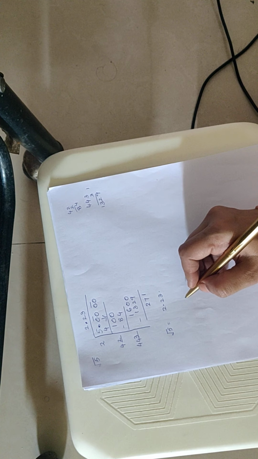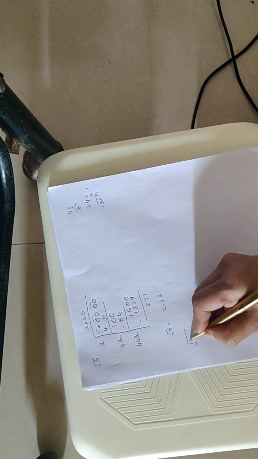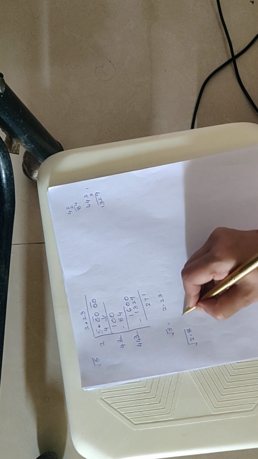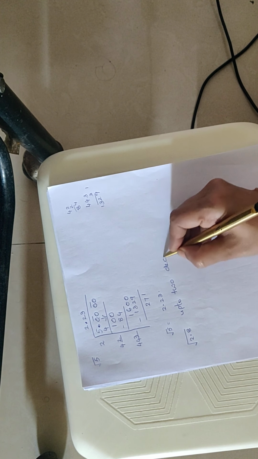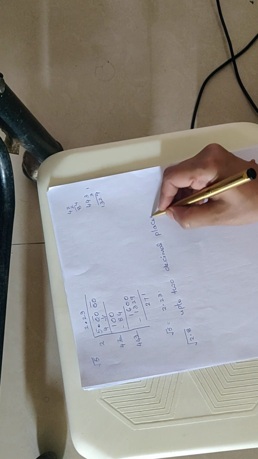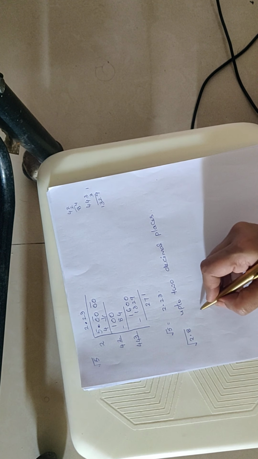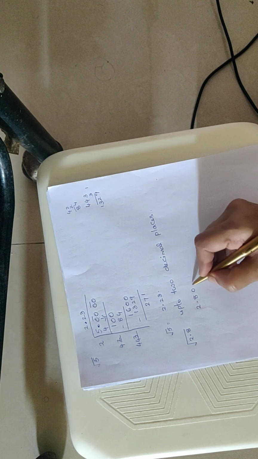One more example we will see. We will calculate the square root of 2.8 up to 2 decimal places. Square root of 2.8. So 2.8, place zeros.